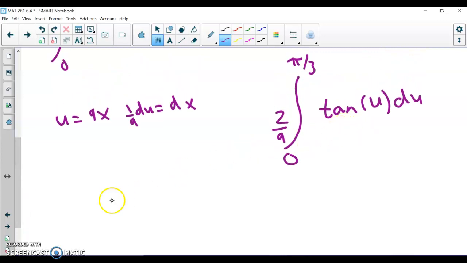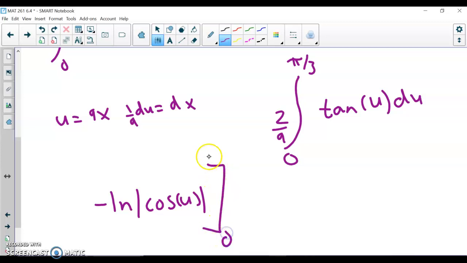The antiderivative of tangent is negative natural log of cosine, in this case cosine u, right? We don't need a plus C, but that's the antiderivative. And we've got to go from 0 to pi over 3, and we're going to multiply it by 2/9.